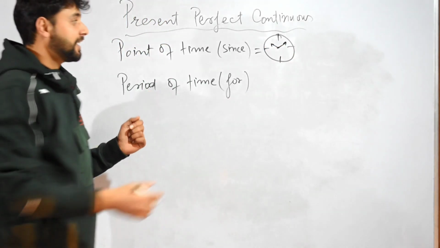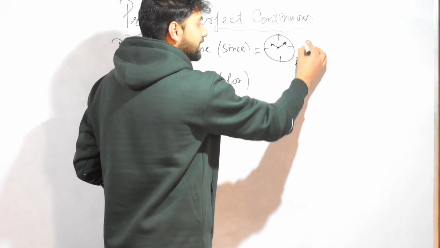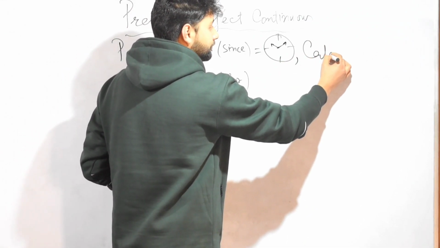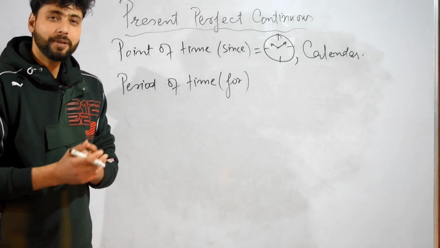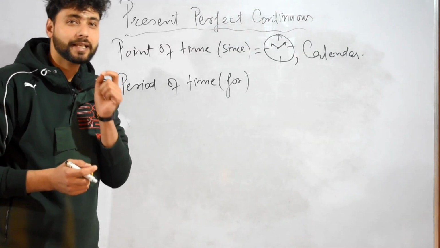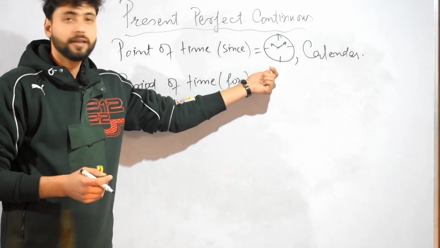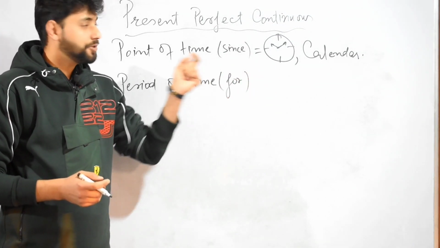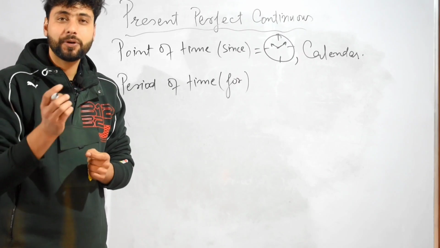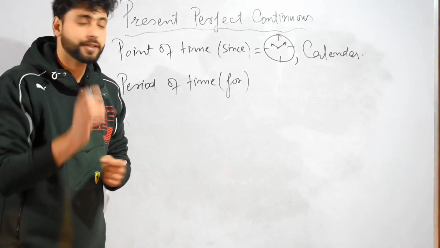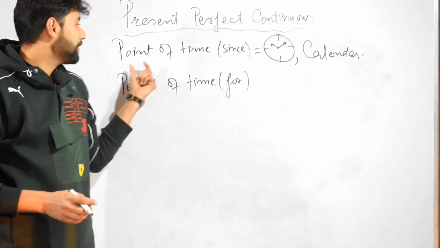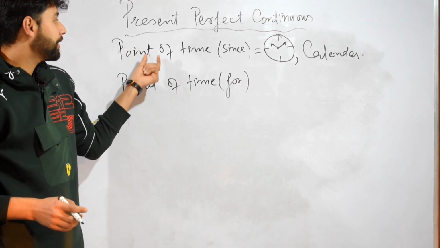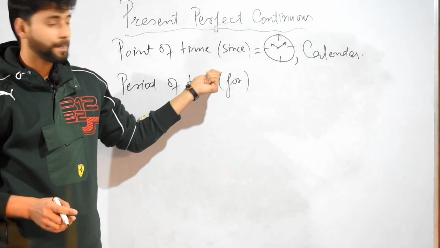Keep in mind, and the second one is the calendar. You can simply point out the exact time in the clock, and you can simply point out the exact date in the calendar. That is how you would be able to remember point of time, since.